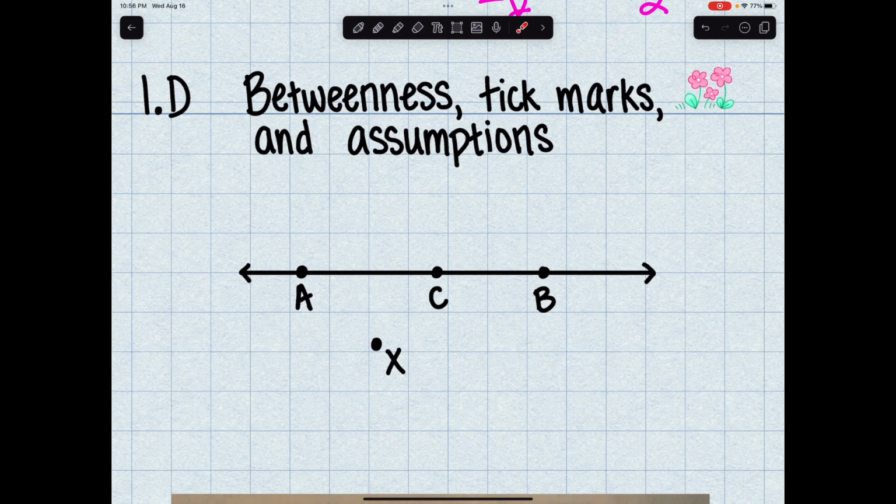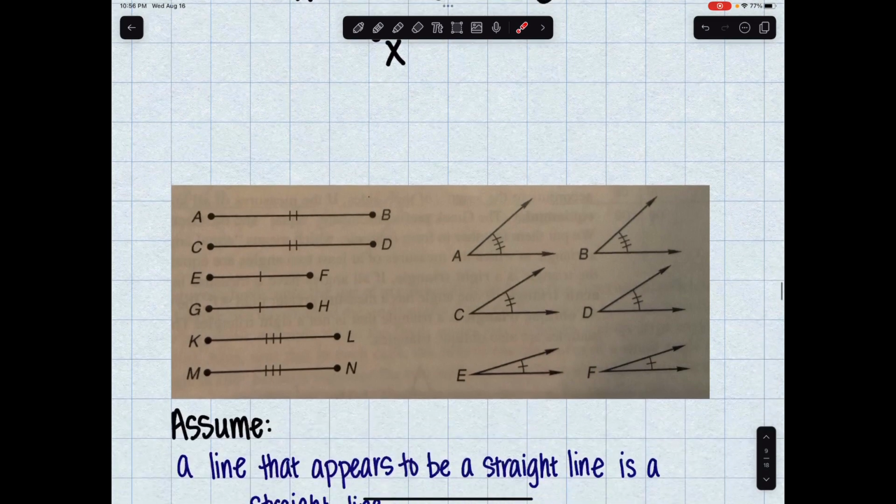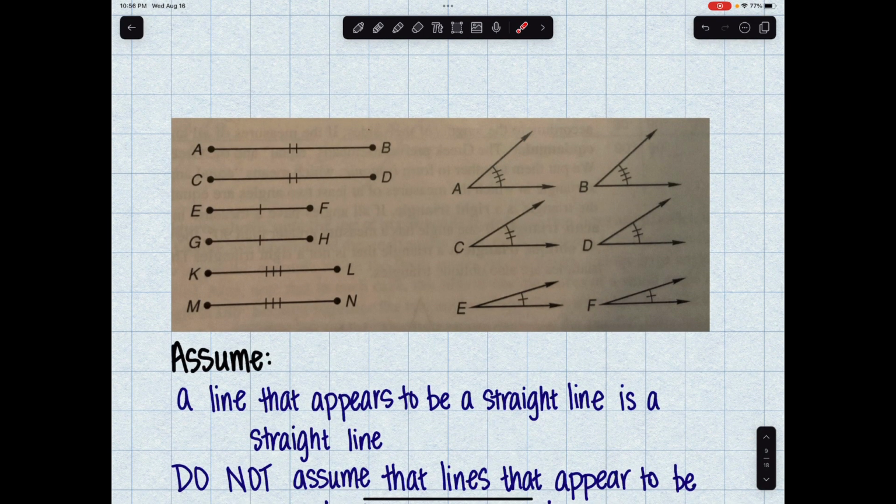Okay, we're going to use tick marks to show that things are equal. So if you want to say that segment AB is the same as CD, you put 2 tick marks there, 2 tick marks there, they're equal. You can do the same thing for angles. If A is equal to B, this has 3, this has 3, that means they're the same.